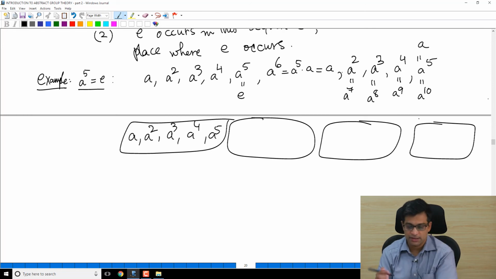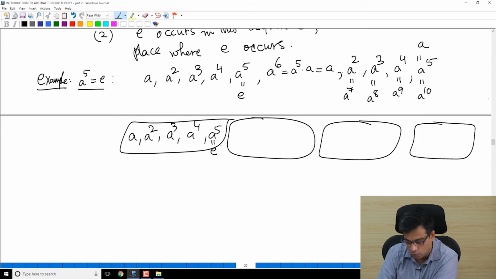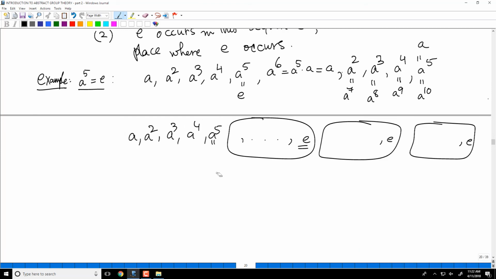So what we are saying is, if A power some number is E, that number must be a multiple of 5. In each block, E must appear at the last spot, and those spots are the multiples of 5. This is the fifth position, this is the 10th position, this is the 15th position, this is the 20th position.